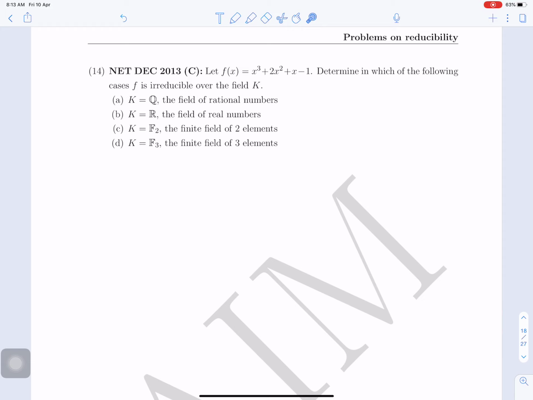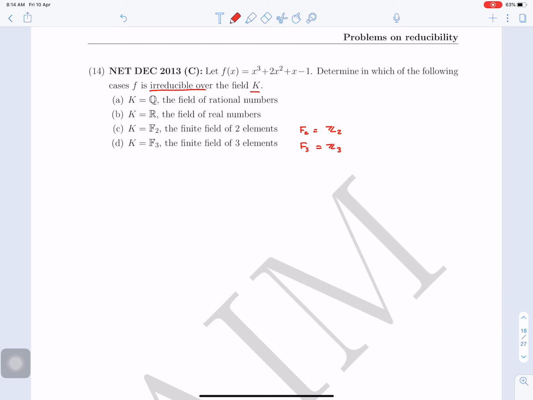Determine in which of the following cases f is irreducible over the field K. So we are interested in irreducible over the field K. In option A, the field is Q, B is R, in C F2. F2 here means Z2, and F3 means the field with 3 elements, so it is Z3.